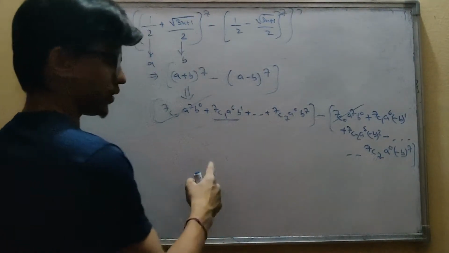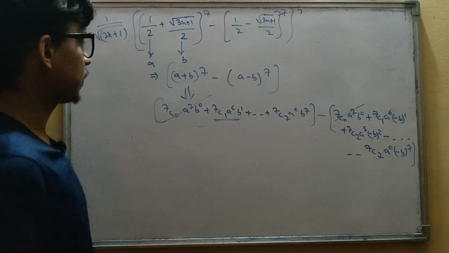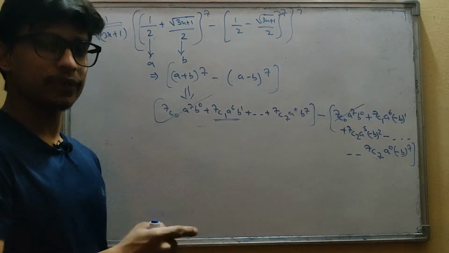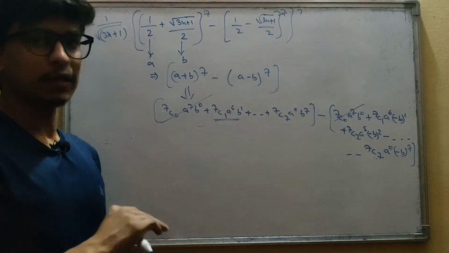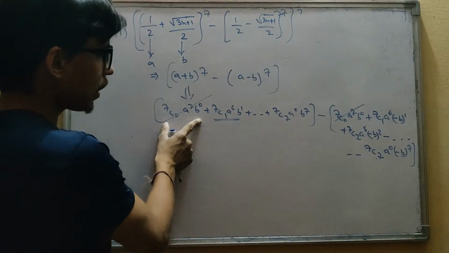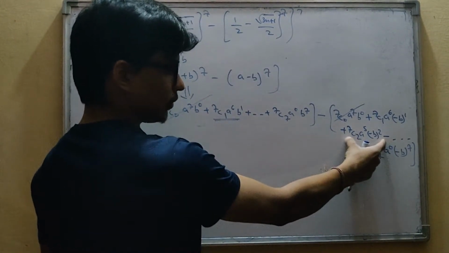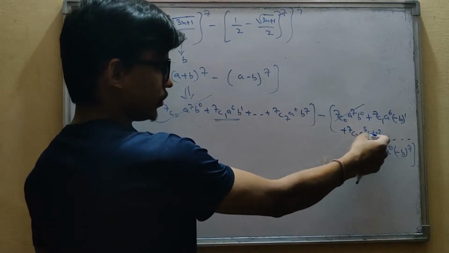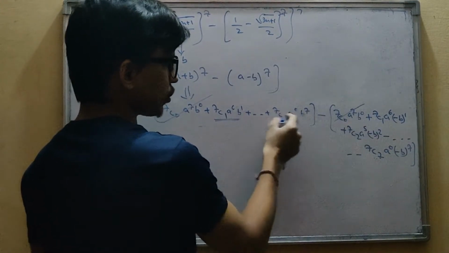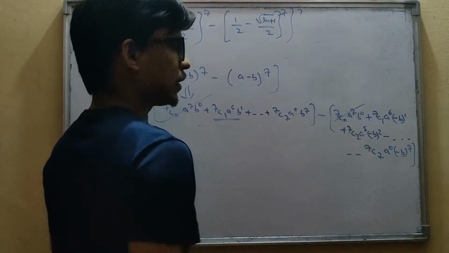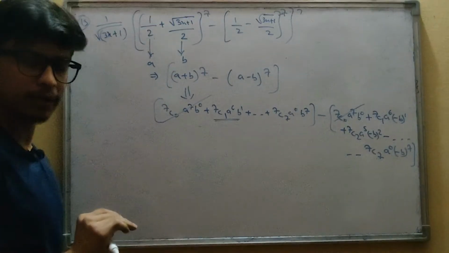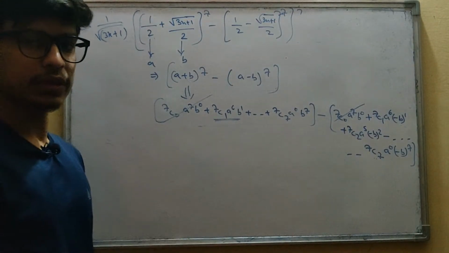Similarly, first, third, fifth, seventh, total 8 terms will be there, but the first, third, fifth, seventh terms will cancel out. The third term is going to be positive, but because of this minus sign, they will cancel out. So the terms that will remain are the second, fourth, sixth, and eighth.